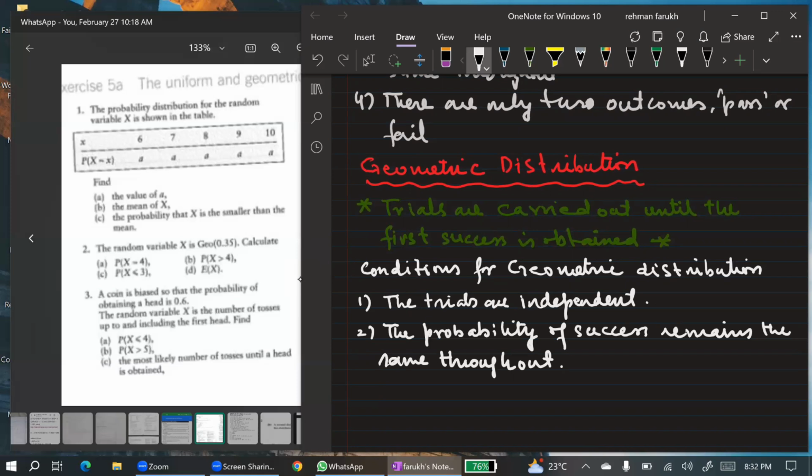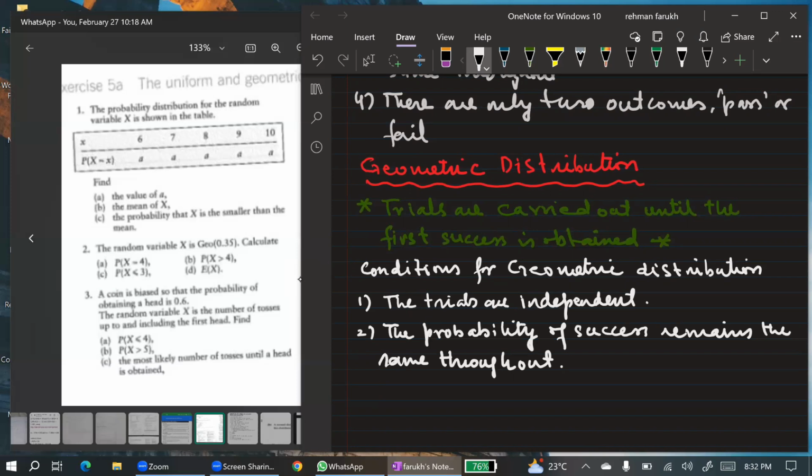In the first experiment the probability of 6 is 1 by 6. In the second experiment the probability of 6 is 1 by 6. In the third experiment the probability of 6 is 1 by 6. The probability of success remains the same throughout.